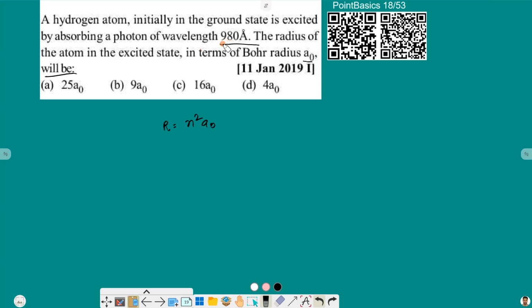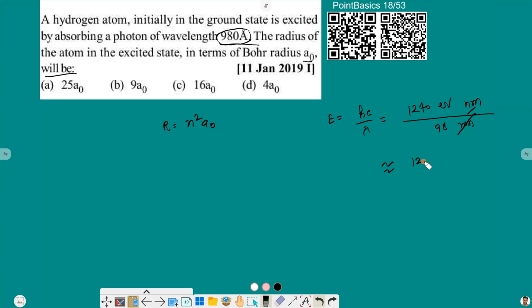So now let's find out the energy of this photon. We can write that E is equal to hc by lambda, that is 1240 electron volt nanometer. And here lambda in nanometer will be 98 nanometer. So nanometer gets cancelled. And let's approximate it as 100.